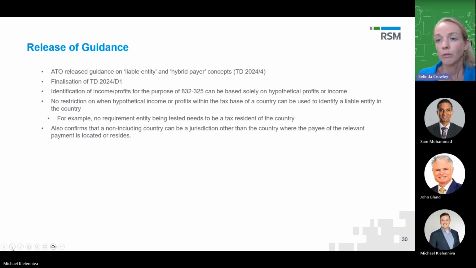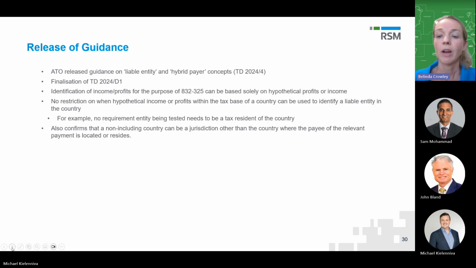The second issue that the ruling addresses is the meaning of hybrid payer. So this is relevant for the purpose of determining whether there's an imported hybrid mismatch. And a hybrid payer is an entity whose payment is disregarded for tax purposes in one country, but it's deductible in another. So the ruling clarifies that an entity can be a hybrid payer in respect of more than one country.